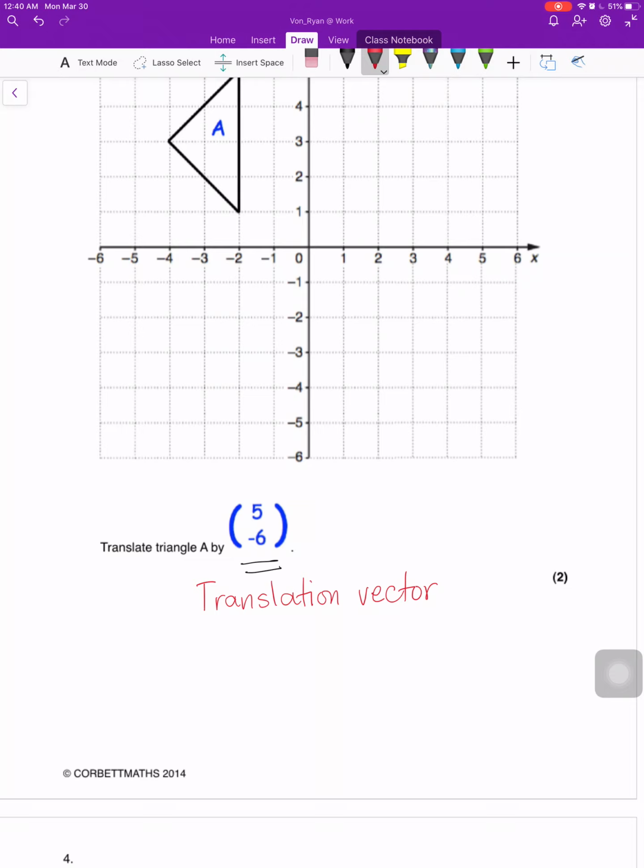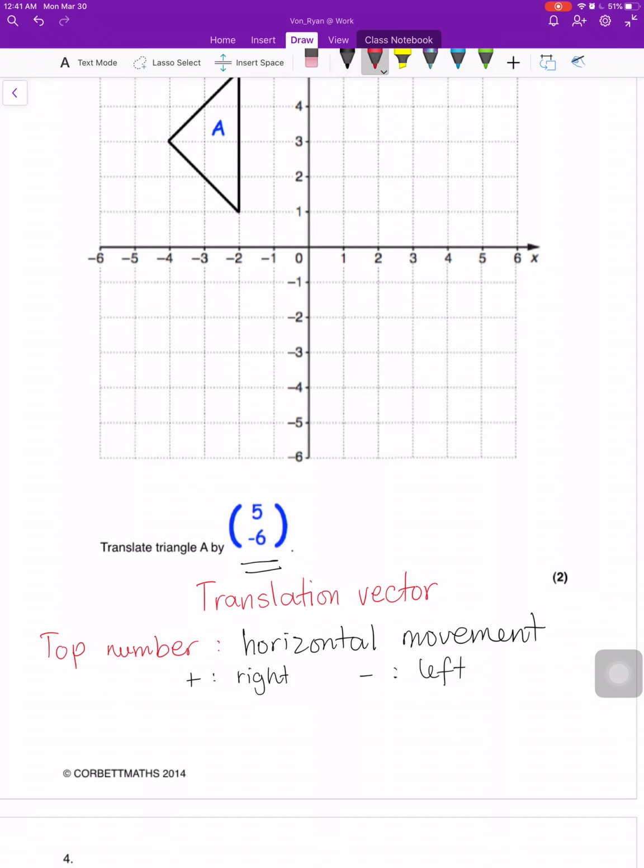Remember that the top number in the vector is the one that describes horizontal movement. And similar to the Cartesian plane, it follows the same convention. So positive means to the right, negative means to the left.